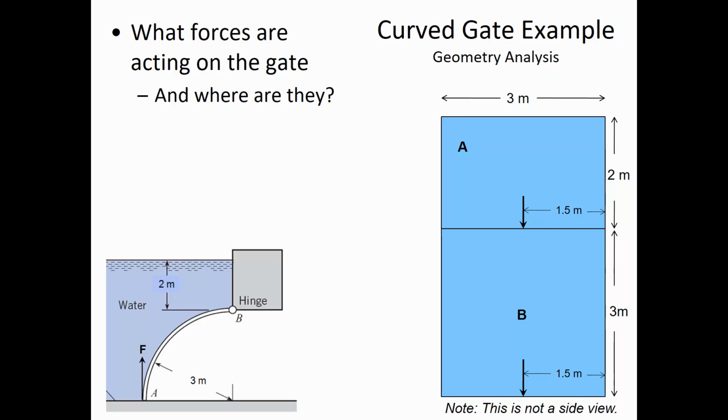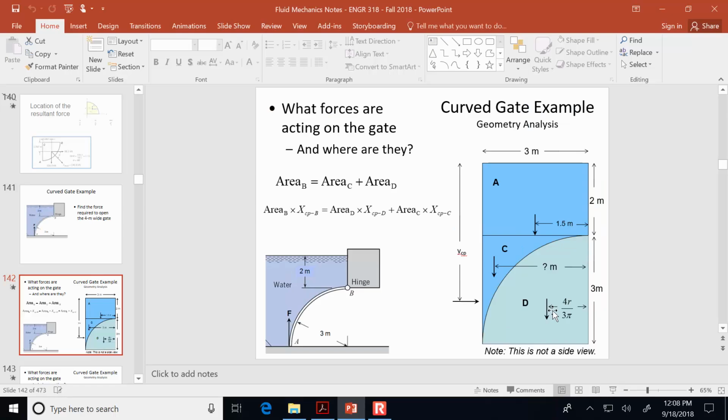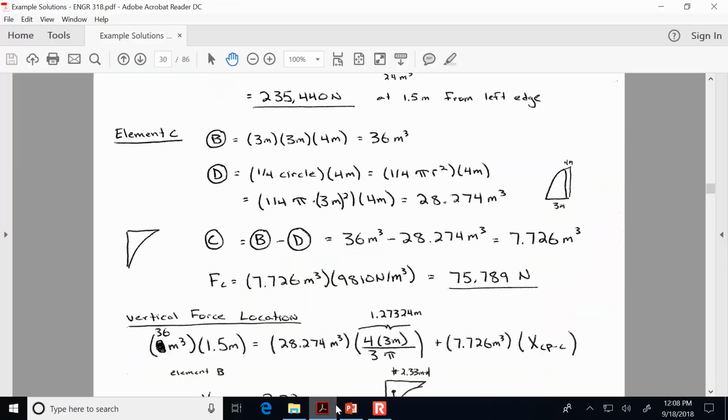So B is the sum. Now consider the pieces: where there's water and where there's air. And that 2.33 was this unknown distance that I said is the weighted average that allows us to calculate the 2 components.